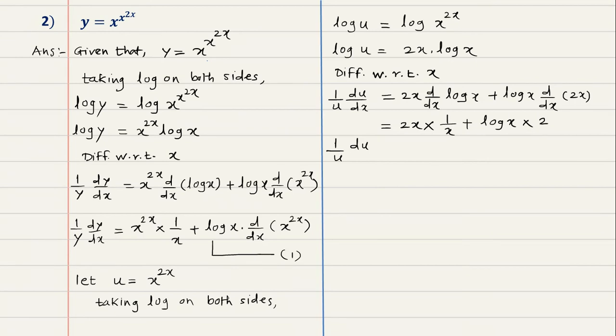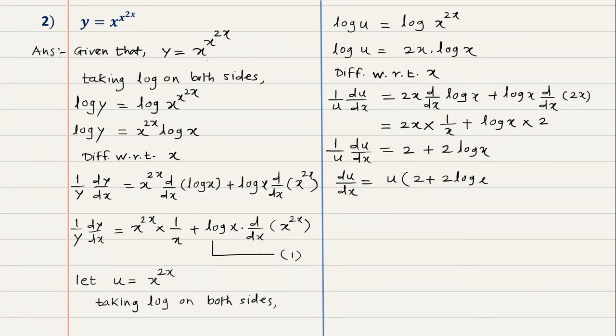Now try to simplify this. We get 1 upon u into du by dx, left hand side as it is. Here x will get cancelled, so you will get 2, plus 2 into log x. So what is du by dx finally? Take u to the right hand side, so it will be u into 2 plus 2 into log x.